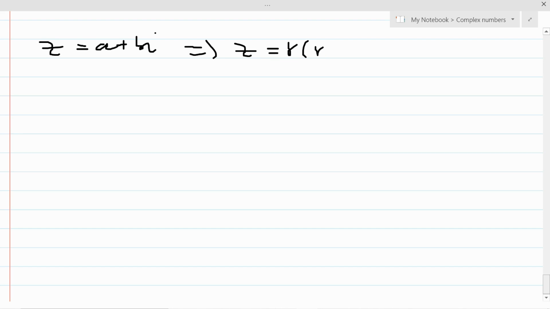We said that complex numbers, something like z, which is equal to a plus bi, can be represented as what? This is equivalent to z, which is equal to r into cos theta plus I sine theta.